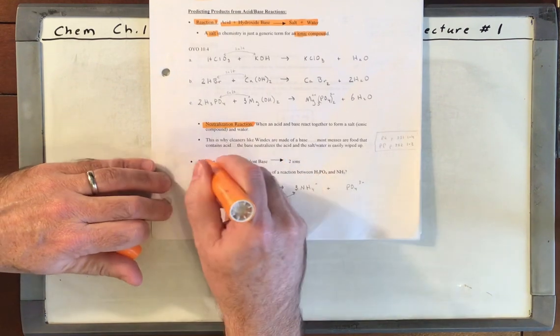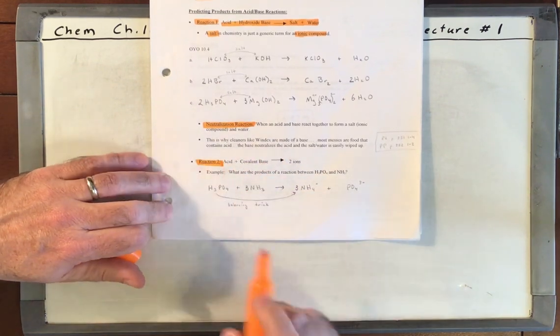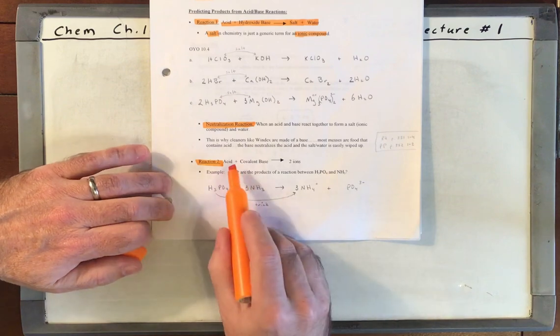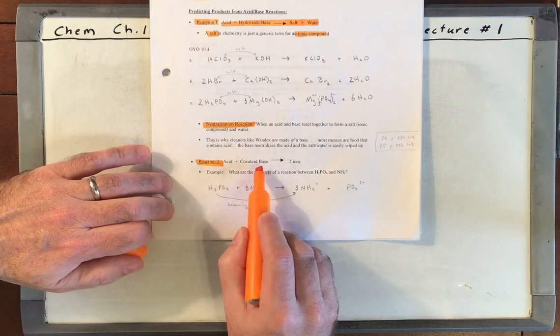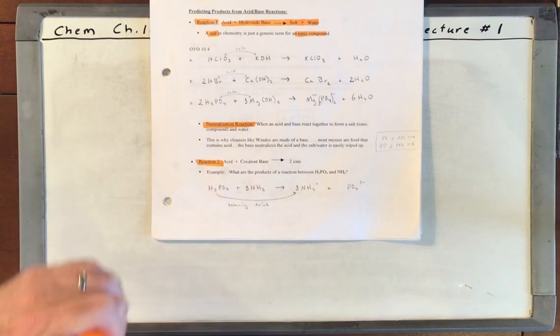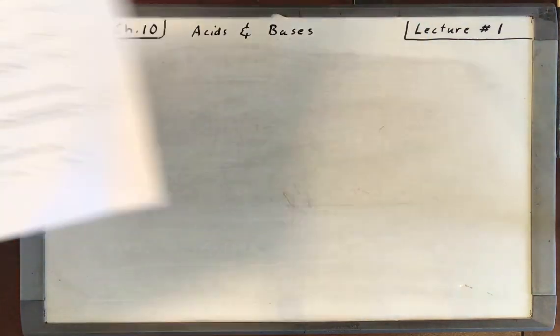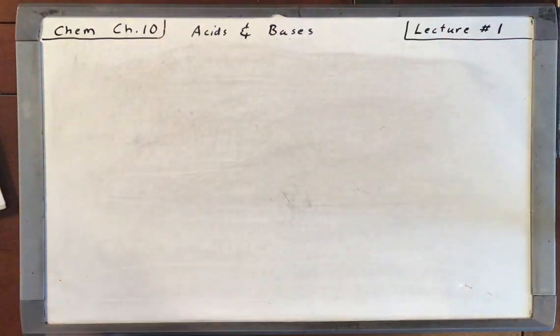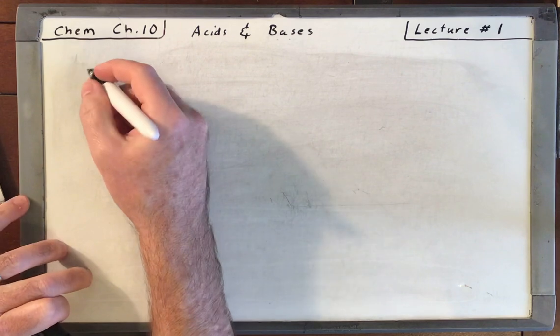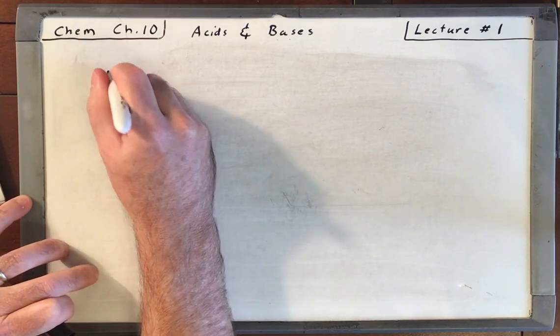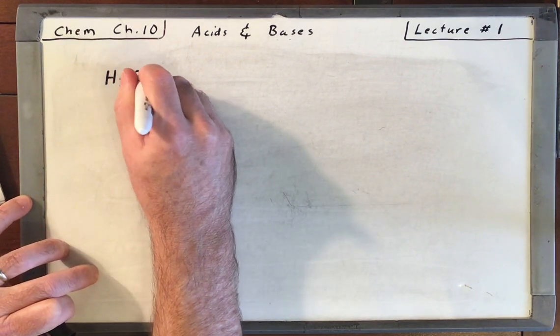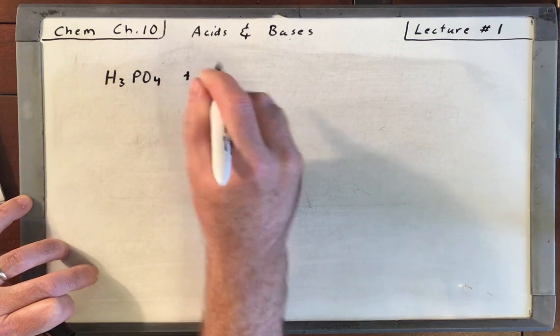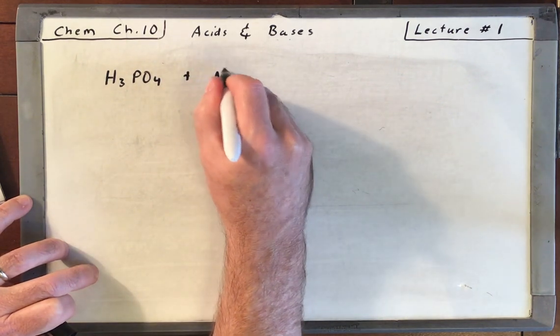Okay, reaction 2. All these reactions have to just be memorized. Acid plus covalent base makes 2 ions. Now, the example that I gave from the notes that's not in the book would be H3PO4 plus NH3.